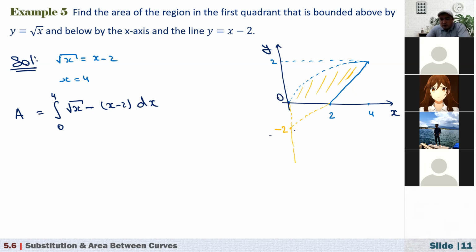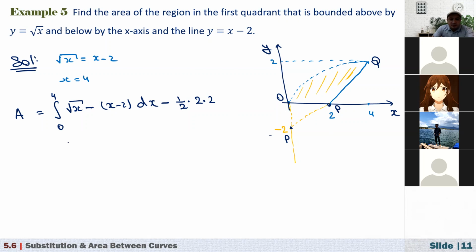This one is O, and this part, let's say P, and this one is Q. So it actually gives us the area of OPQ. But this triangular part is not included, so I have to remove it. So minus 1 over 2 times 2 times 2. That's the area of this triangle.